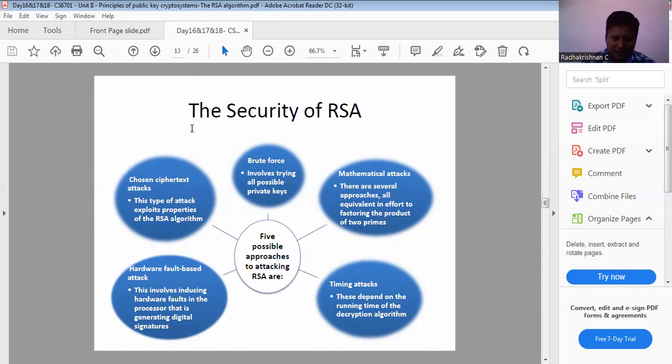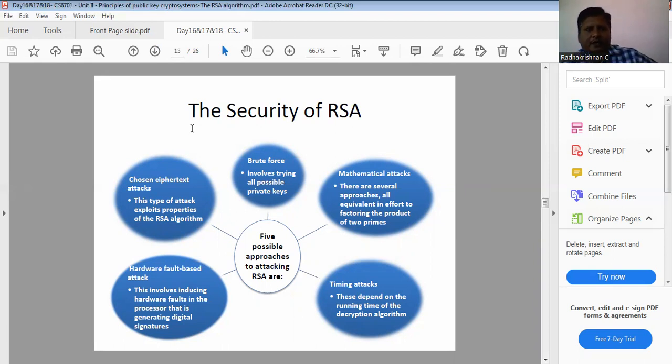Now, another important point is why we mostly use the RSA algorithm. There are five possible approaches to attacking RSA. The first one is the brute force attack, which involves trying all possible private keys. So brute force means there is a possibility of trying all the private keys.